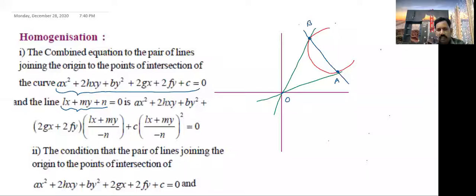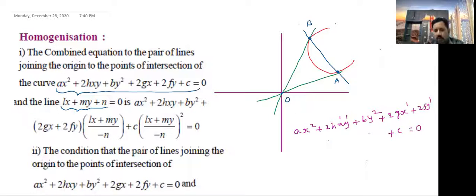First observe here, what is the pair of lines? ax square plus 2hxy plus by square, up to here observe that the degree is 2. From the next term onwards, 2gx, here the degree is 1, 2fy, here the degree is 1, plus c, here the degree is 0.